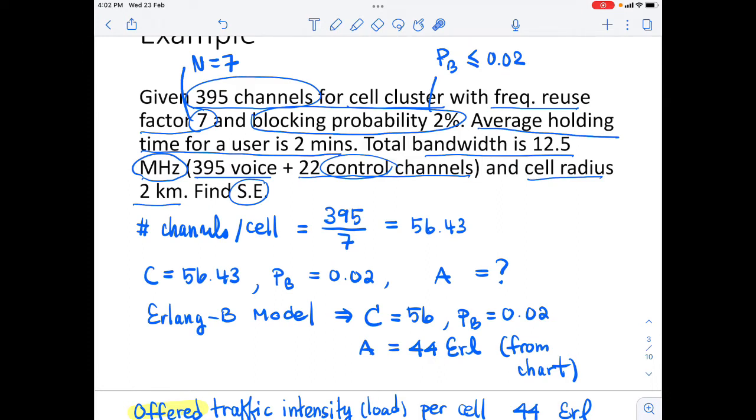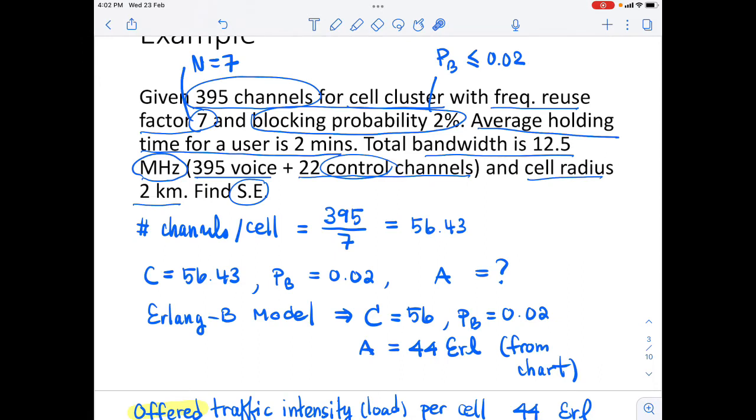That means a cell cluster consists of seven cells which use non-overlapping channels. So each cell will be assigned on average 56.43 channels. You take 395 divided by 7. It's not a whole number because this is an average, so some cells will get 56 channels, some cells will get 57 channels.